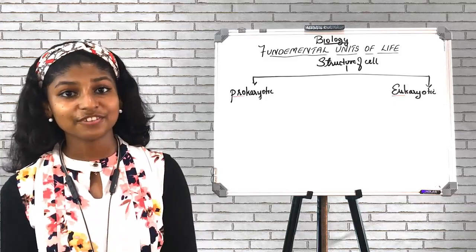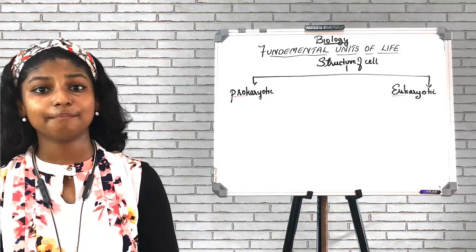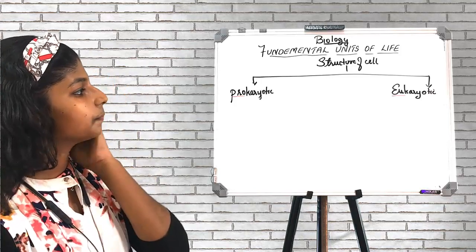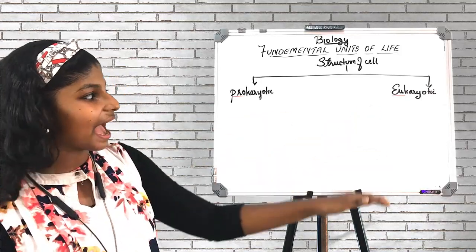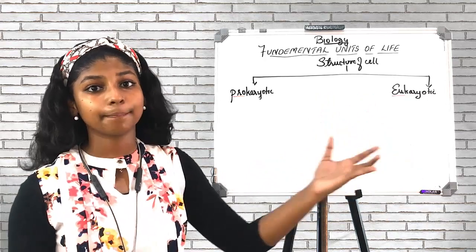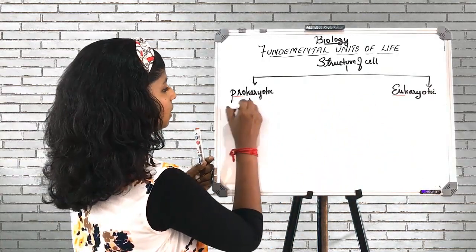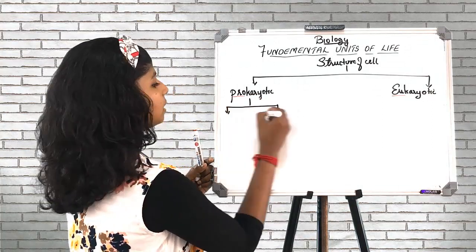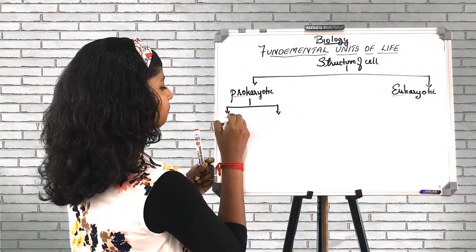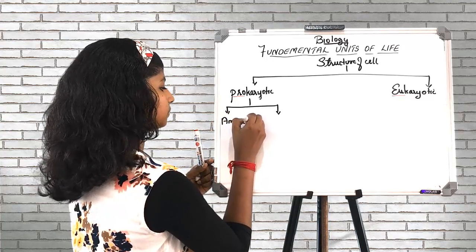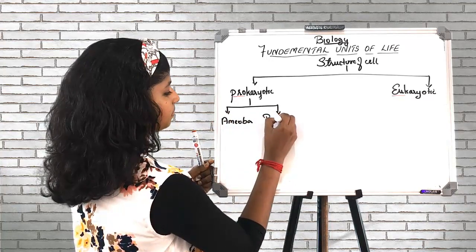They have a definite nucleus and definite nuclear membrane. The examples can be plants and animals.